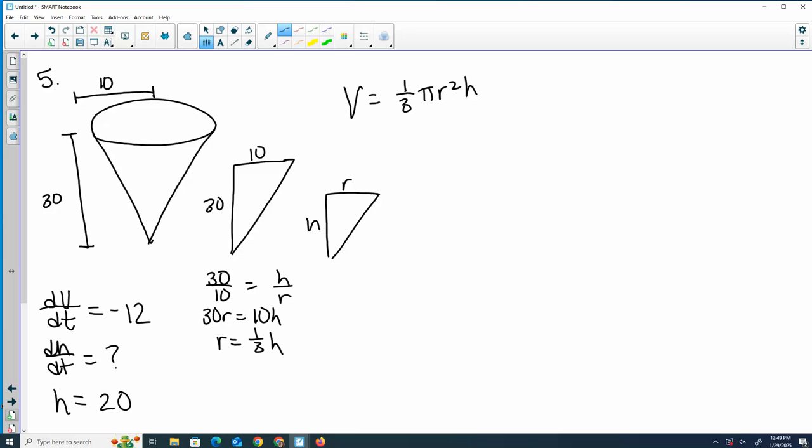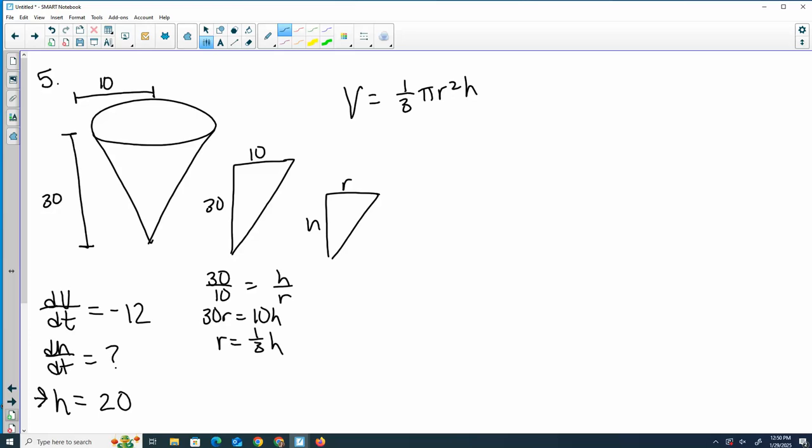But I was just trying to find in general how the radius and height are related, so I just did the entire cone. That would give you the number to plug in for r later, but it wouldn't help us get rid of r in the original equation. So remember, we don't want to plug these things in until the very end, those numbers that are changing.